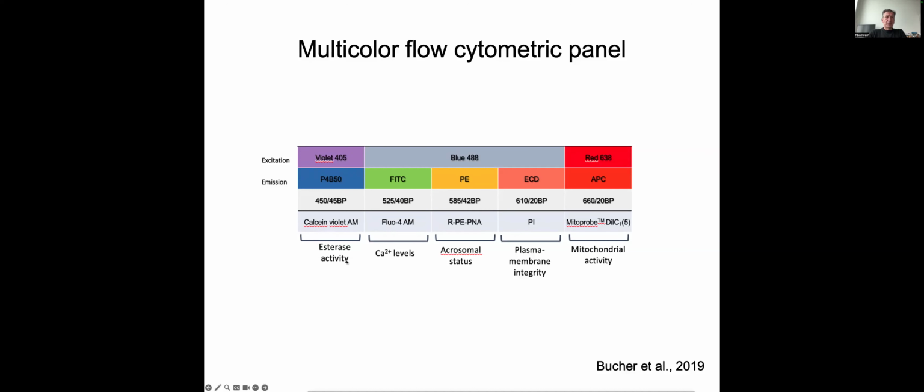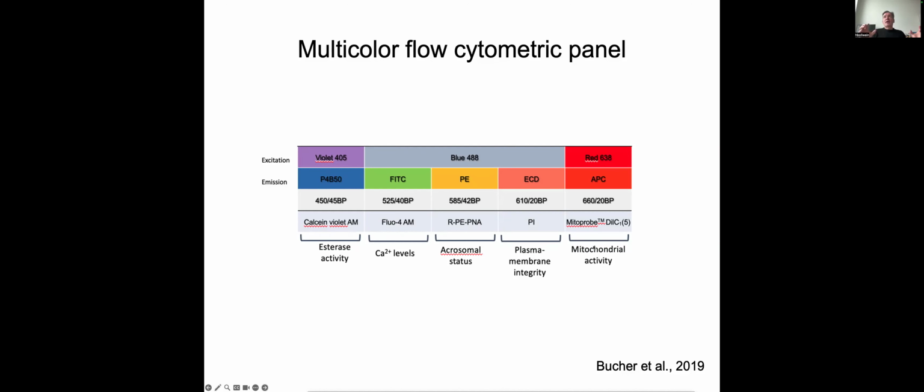In sperm, the metabolism is important. Therefore, we measured here the esterase activity in the sperm. Very important is the calcium level in sperm. It's shown in several studies that sperm with a high calcium level are subfertile. We are measuring the acrosomal status, I already mentioned, the plasma membrane integrity, and the mitochondrial membrane activity.